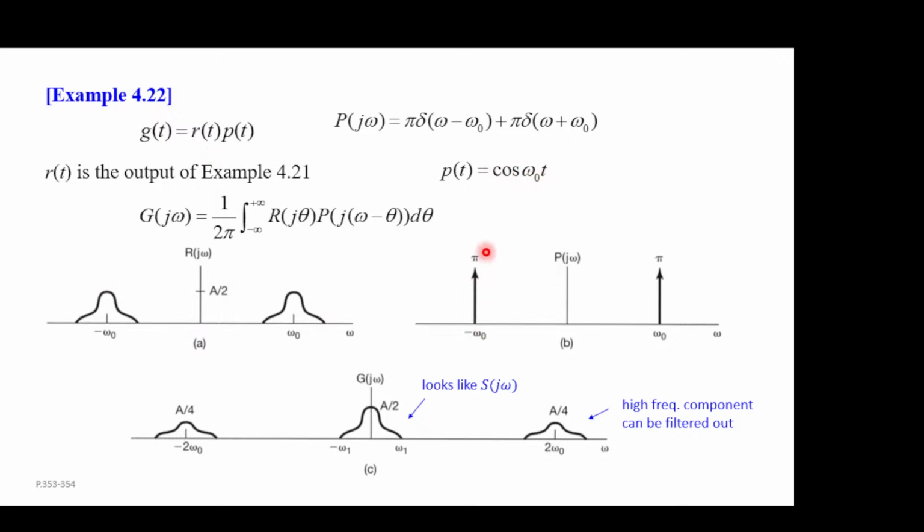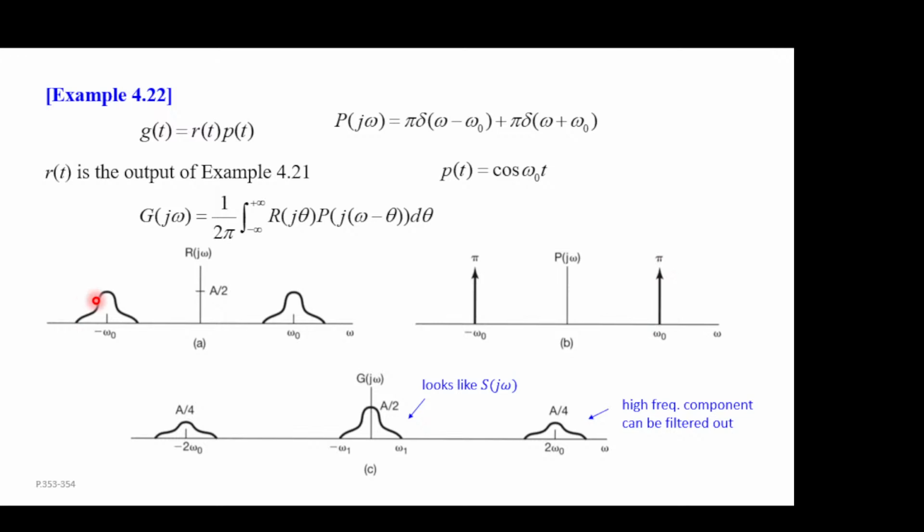That means you are going to convolve with these two frequency shift delta functions, the omega naught and minus omega naught. We know what they do.